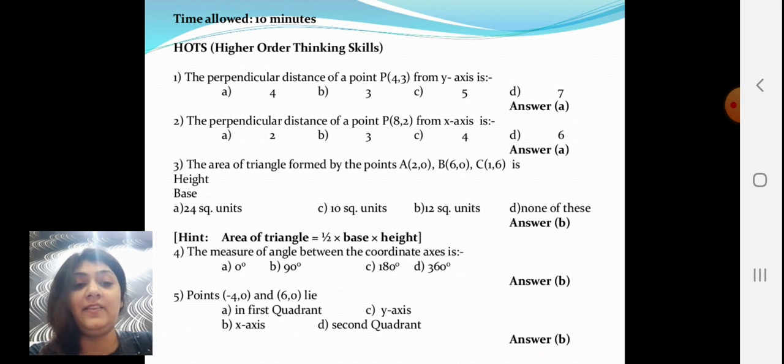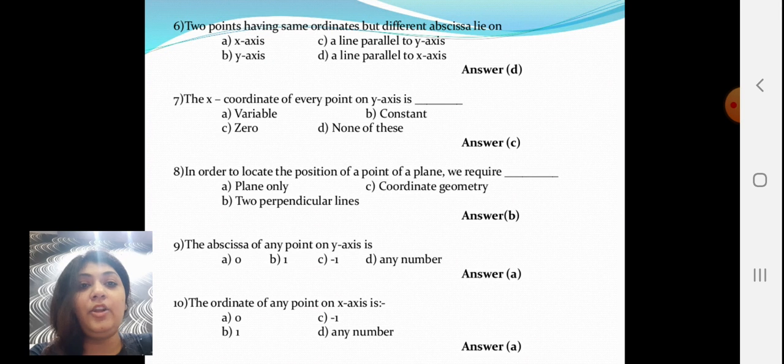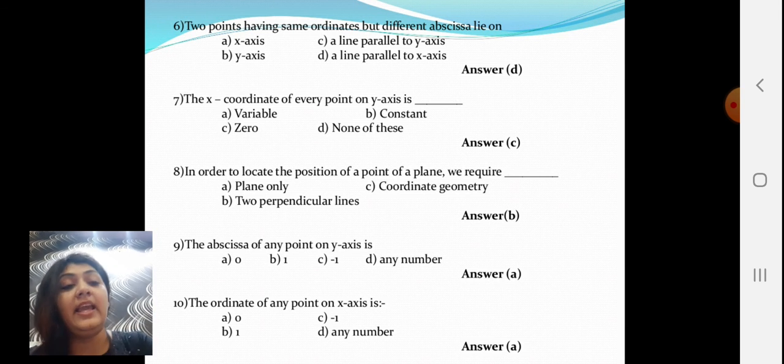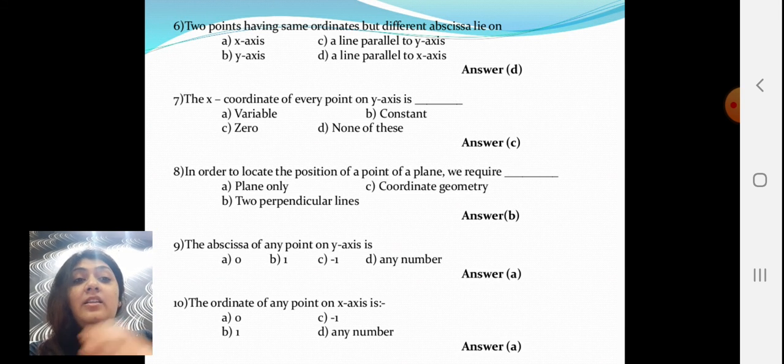Two points having the same ordinate but different abscissa lie on a line parallel to the x-axis, because their abscissas are different, but the ordinate is the same, so they would be on a line parallel to the x-axis.